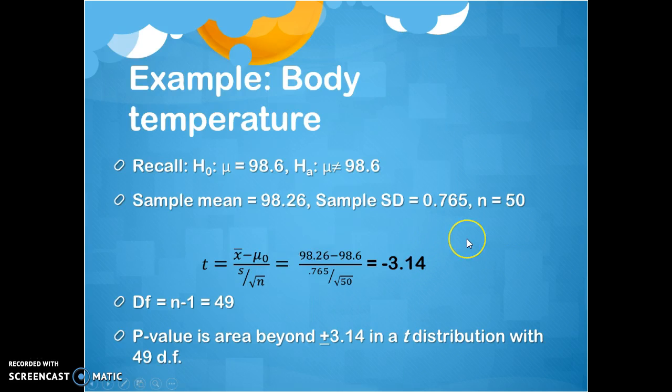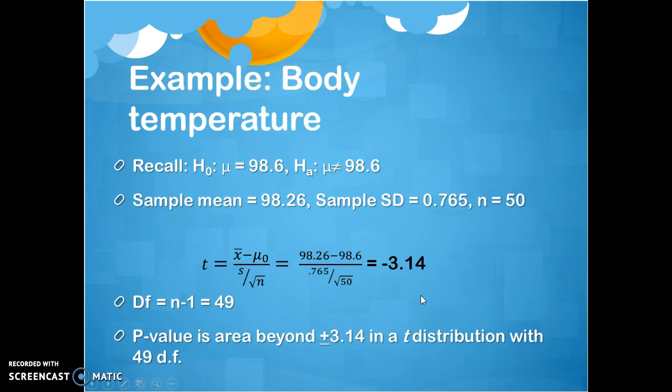What we can then say is, okay, if I have a t-score, which is, as you can tell here, a representation of how many standard deviations away my difference from my null hypothesis I am, and I've got a sample size of 50 leading to a degrees of freedom of 49, I get the p-value by saying, well, how much of the t-distribution with 49 degrees of freedom is at or beyond plus or minus 3.14.